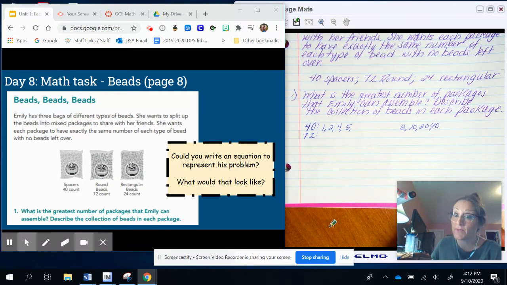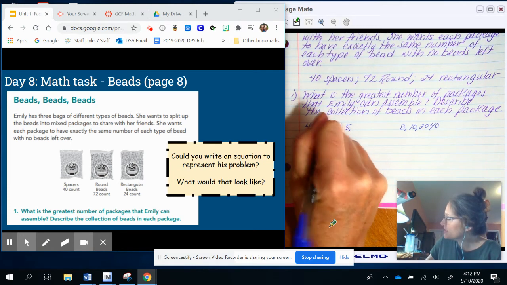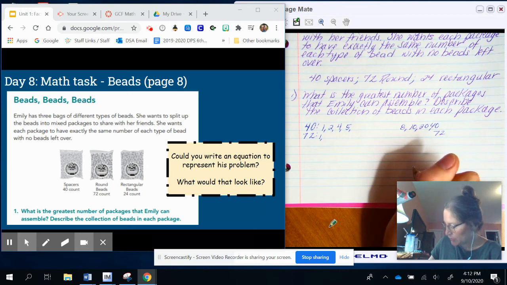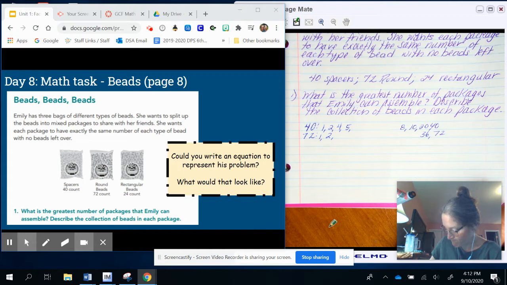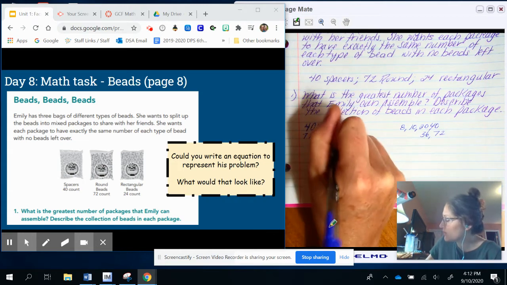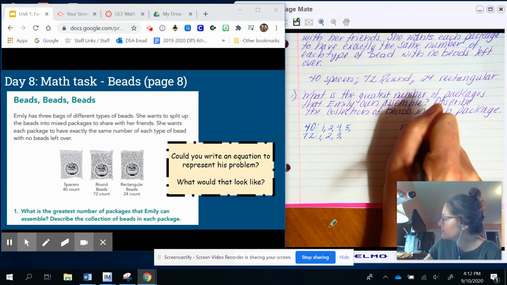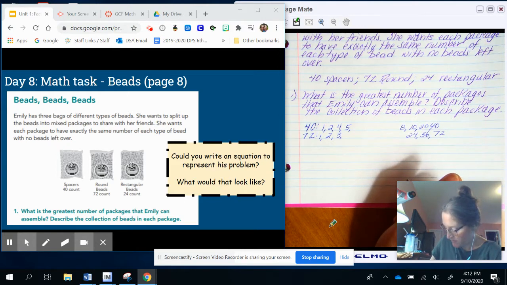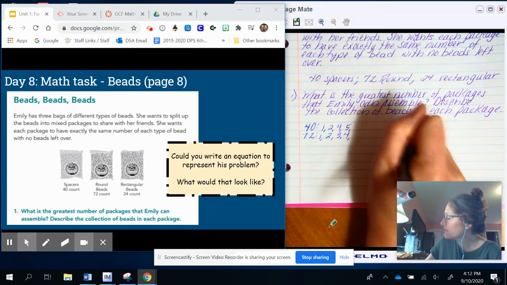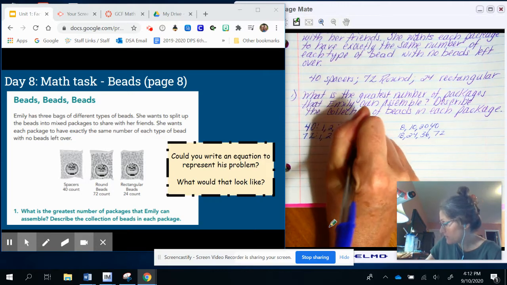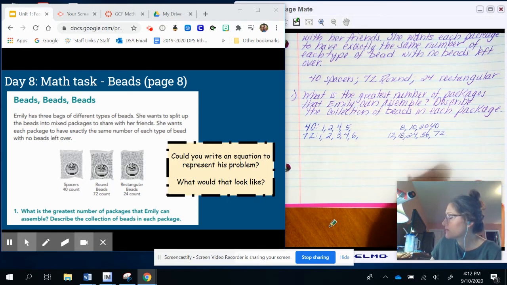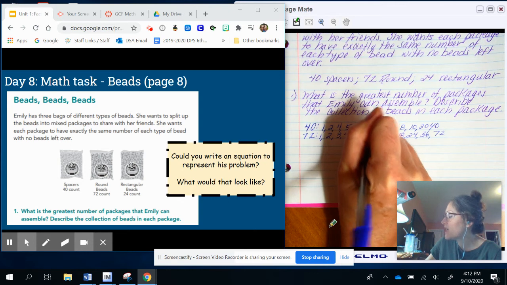72. There are a lot of factor pairs for 72. So be patient. 1 and 72. 2 and 36. 3 and 24, 4 and 18, 5 doesn't work, 6 and 12, 7 doesn't work, but 8 times 9 does work.